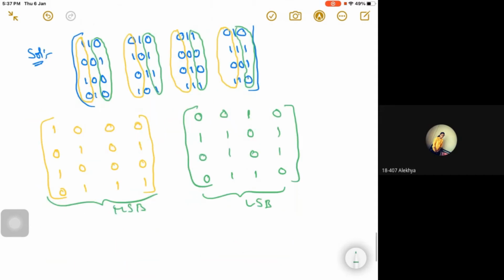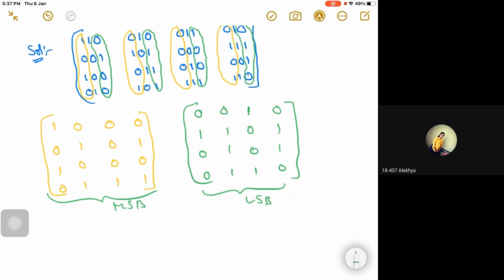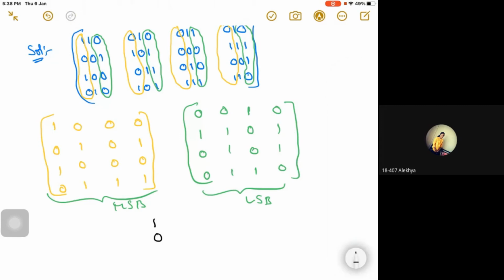Then what is the middle plane, or center plane, in between these two? What you are having is 1. Let me write the middle plane with a different color, black. For the first column 1, 0, 0, 1. Next, these 4 elements I have written.